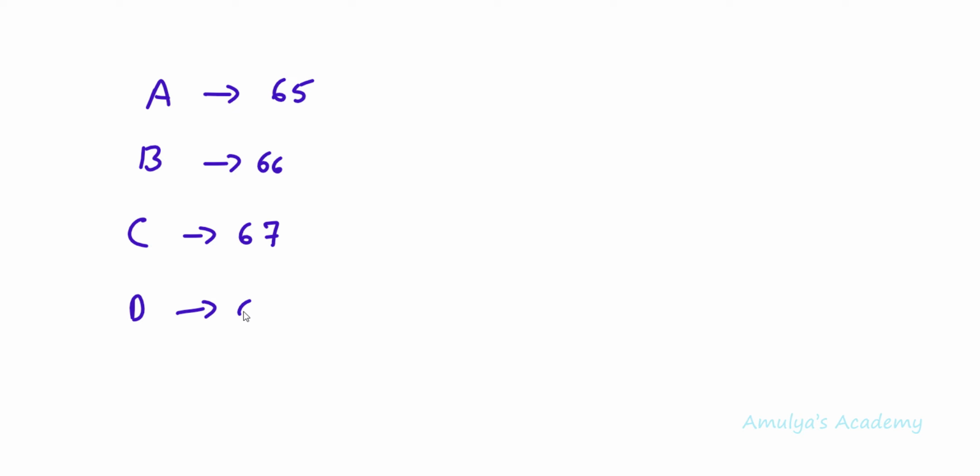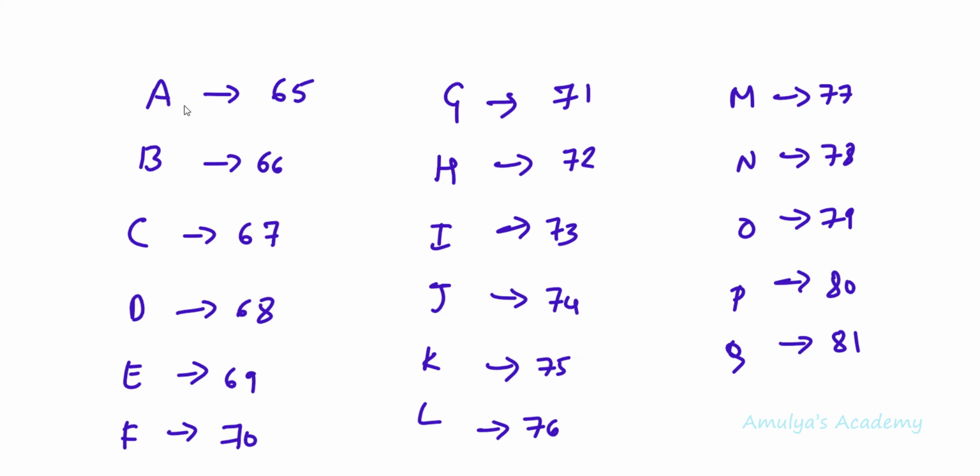As I said, the capital A ASCII value is 65, B is 66, C is 67, D is 68, E is 69, F is 70, G is 71. Okay, like that, and we want till 81, right? Now we have the ASCII values of A, B, C, D till Q. You can write more if you want.